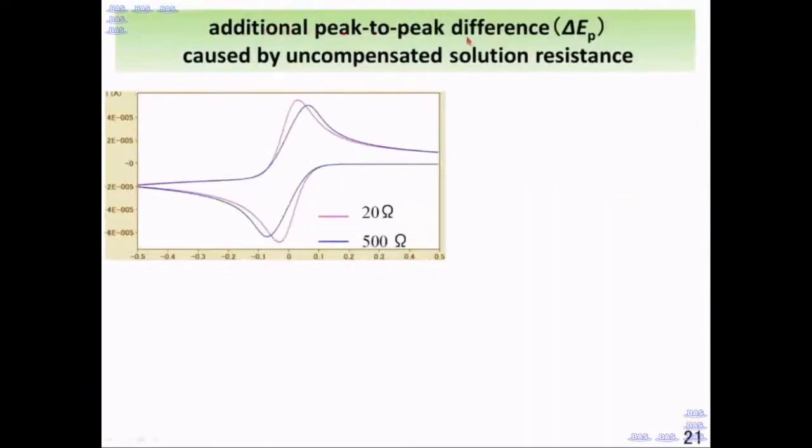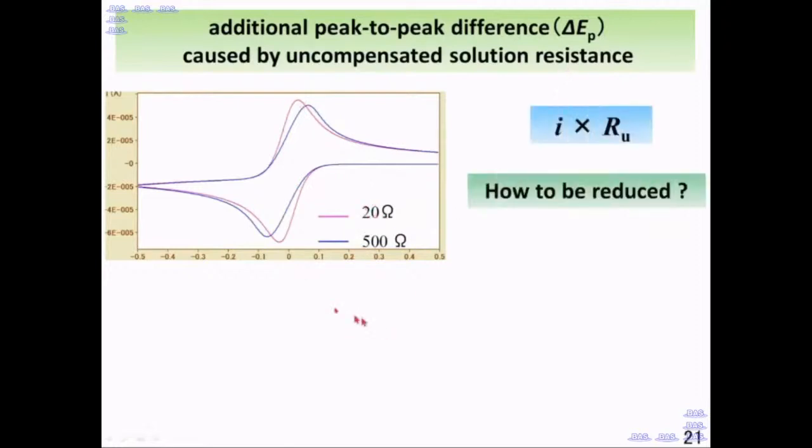Additional peak-to-peak difference is caused by uncompensated solution resistance. This is the simulation figure. The peak difference increases with increasing uncompensated resistance.